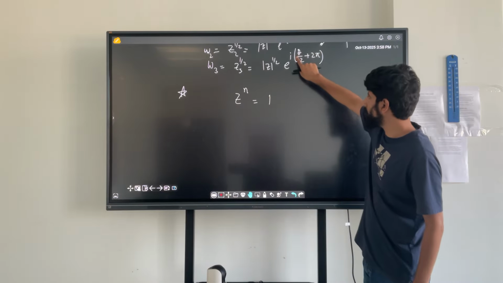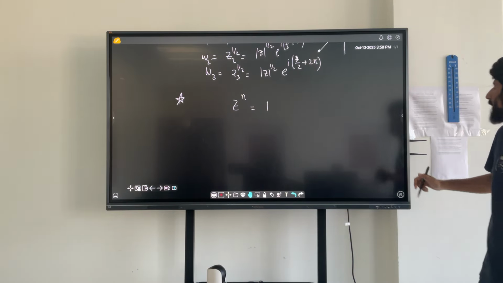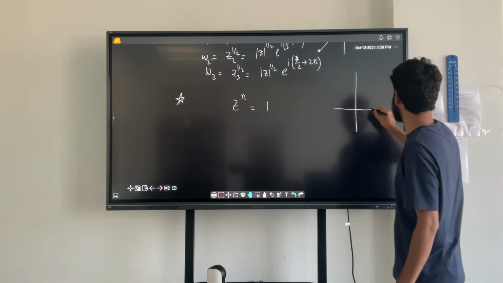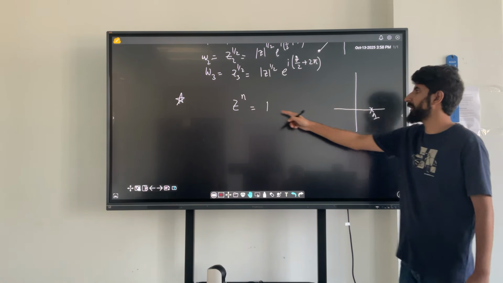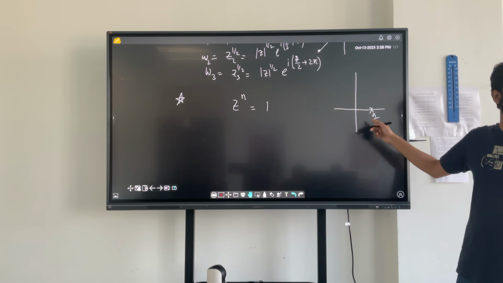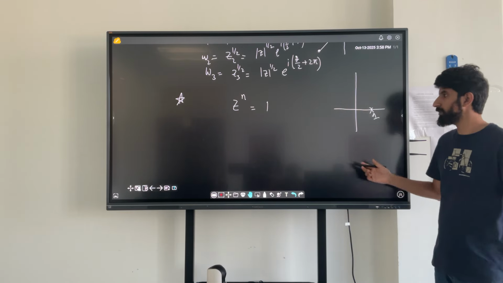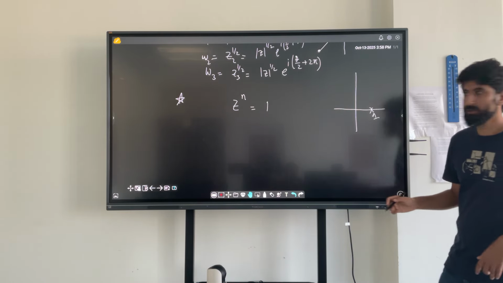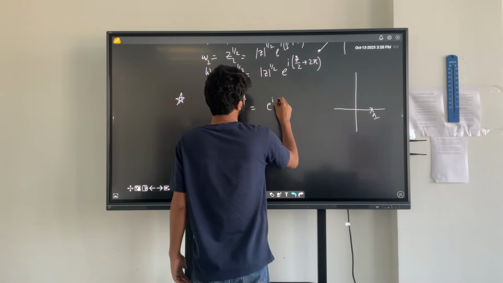First I need to write 1 in polar form. 1 in the complex plane means real part is 1 and imaginary part is 0. So what's its argument? Argument is 0. What's its modulus? 1. So 1 is basically e power iota 0.